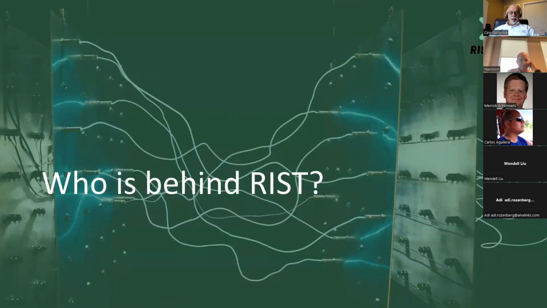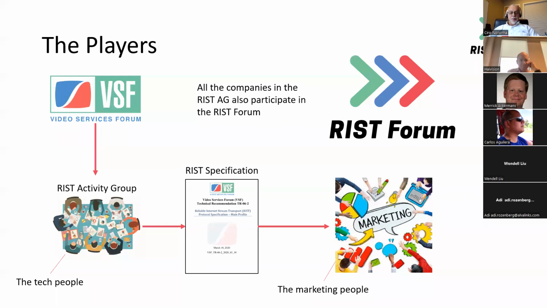So who's behind RIST? I've shown this slide many times if you've been to these presentations. There are two organizations involved. One is the Video Services Forum, and the RIST Activity Group is in the context of the Video Services Forum. Those are the people who actually meet, decide, and do the technical work.